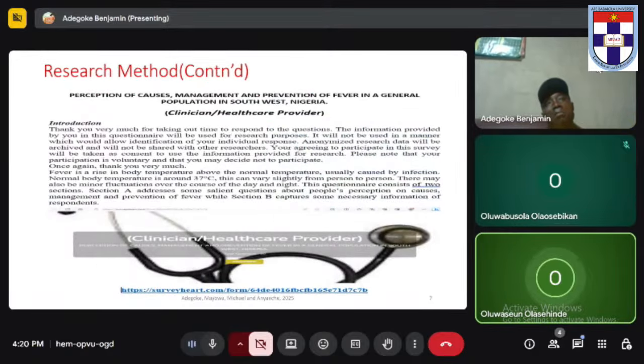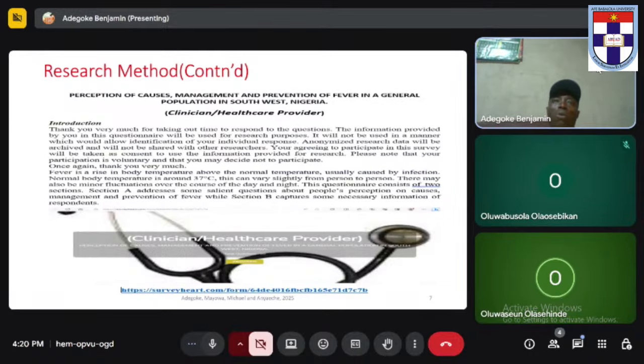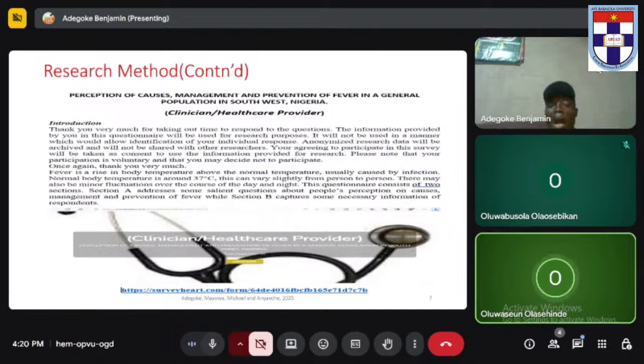After the refinement of the questionnaires, they were converted into Google Form and then administered online. This is the front page and the link for the instrument administered on the clinicians, where we have medical doctors, nurses, lab technicians, and all the rest of them.